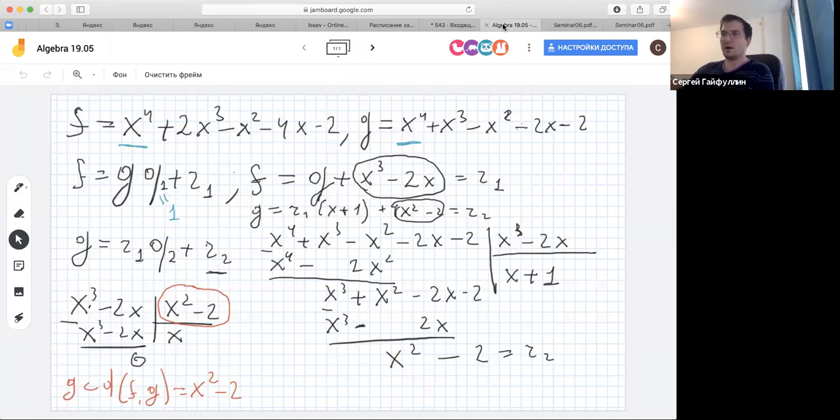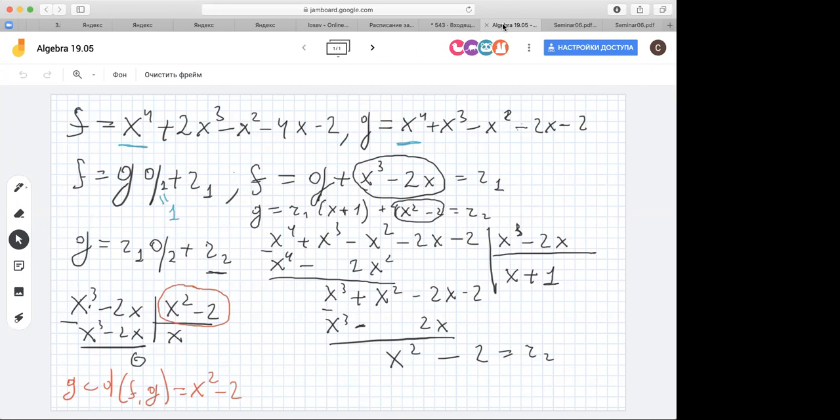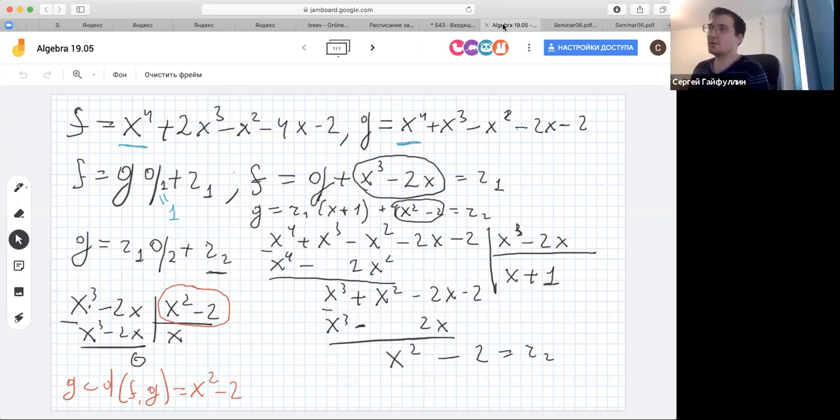Is it clear how we get the greatest common divisor? Yes, it is. Okay, and now we need such polynomials u and v such that this polynomial d, which equals R2, is u multiplied by f plus g multiplied by v.